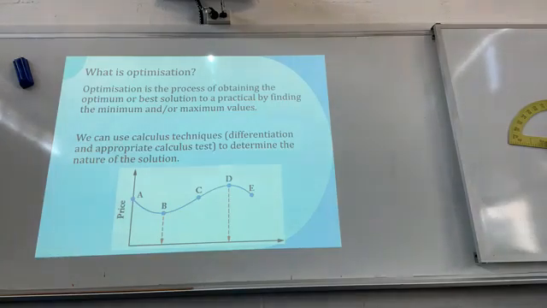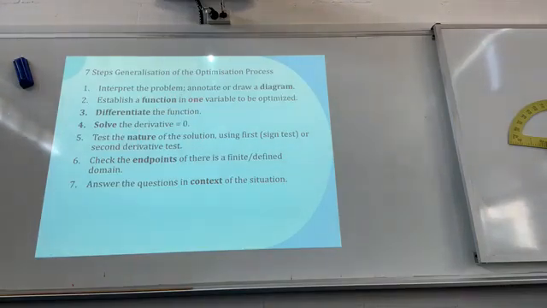All right? Now, these are the seven steps, a generalization of the optimization process. First, you need to interpret the problem. Then, if there's a diagram given, annotate the diagram by putting information in, or draw a diagram. So diagram is one. Then establish a function in one variable to be optimized.